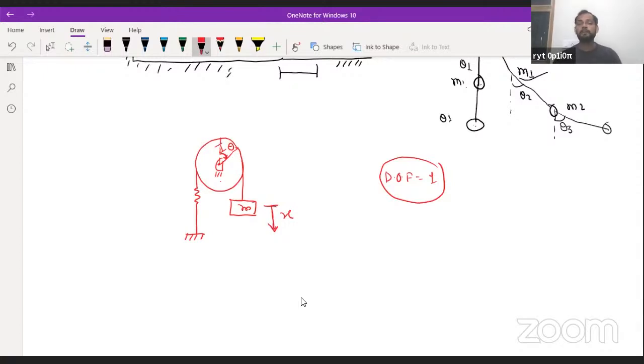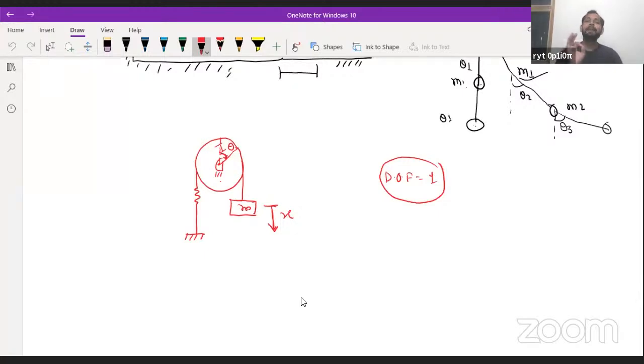So there should be 2 degrees of freedom. Why are you saying there will be 1 degree of freedom? If this is clear to you, then the degree of freedom part is over. Anyone? Please guess why this system has 1 degree of freedom.